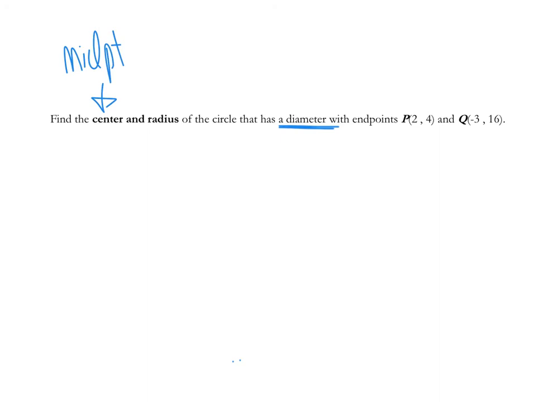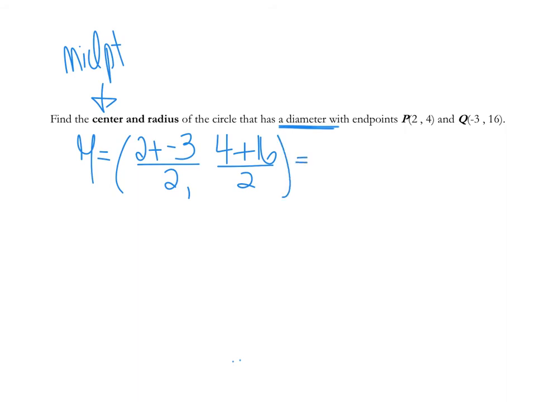So that would make sense that it's the midpoint. So midpoint equals, we add these together because we're taking the average. So the midpoint is negative 1/2 and 10. So that is the center of our circle.